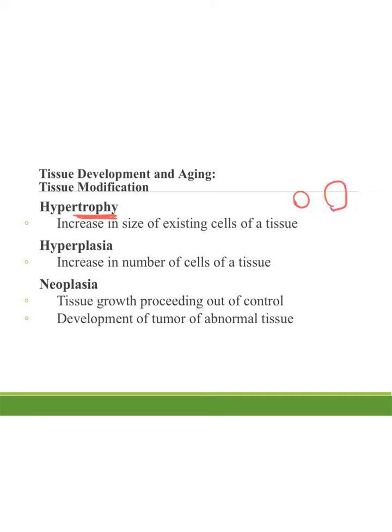And if all of the cells in a tissue are enlarging like that, then yes, the entire tissue would get larger. Hyperplasia, you increase the tissue as well, but you do it by increasing how many cells you have. So the cells themselves are not getting larger, you're increasing in number.